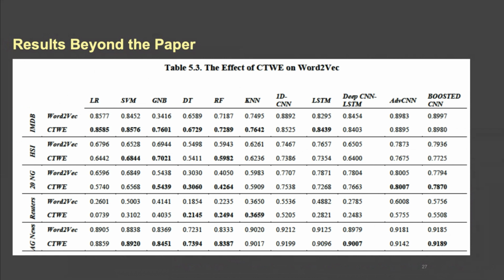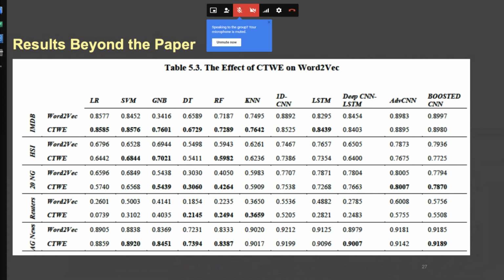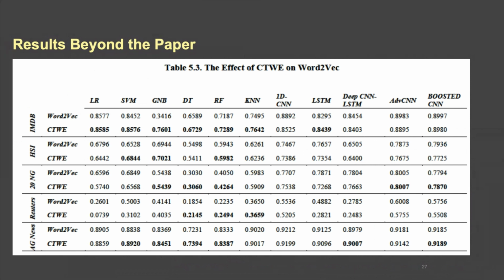But here we can see that we use a range of classifiers: logistic regression, SVM, naive Bayes, decision tree, random forest, KNN, and the deep learning-based approaches, most of which are vanilla architectures: one-dimensional CNN, LSTM, deep CNN, LSTM, ADV CNN, and a tuned version of ADV CNN.